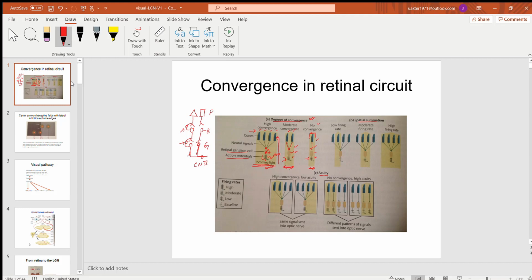Now you see spatial summation, the location. So this is again the incoming light or stimulus, and this one is activating this cone. Okay, so the ganglion cell will be stimulated, but weakly stimulated, right? Now if you present the stimulus in a way that it activates these two cones, right?